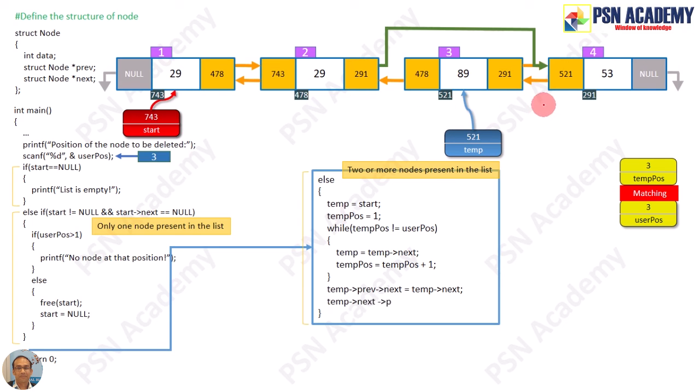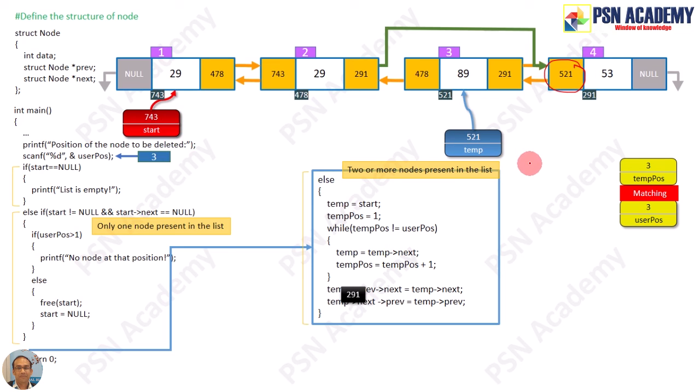Now on the other side, you want this pointer to be pointing to the node at 478. So you write temp next prev equal to temp prev. Now what is temp next? Temp next is 291. So the prev pointer of 291 is this.